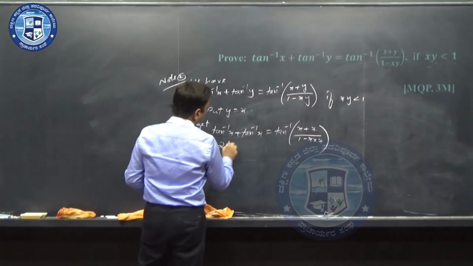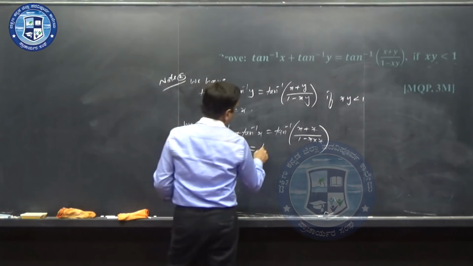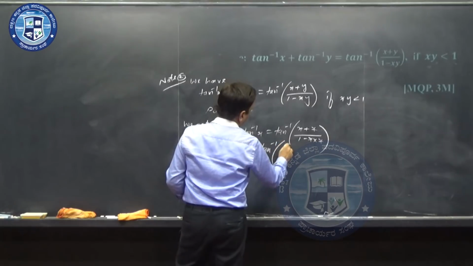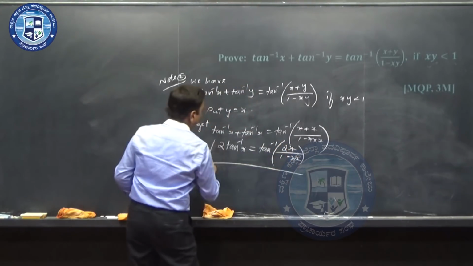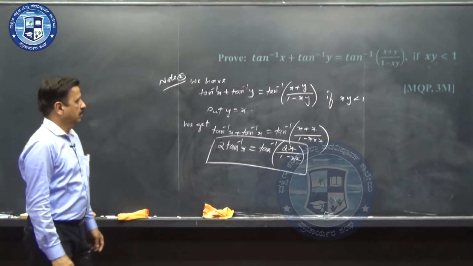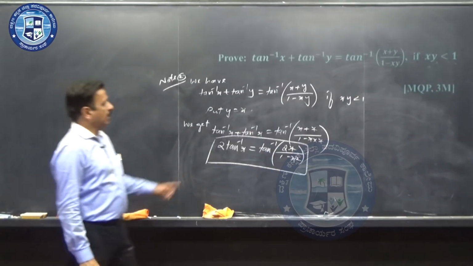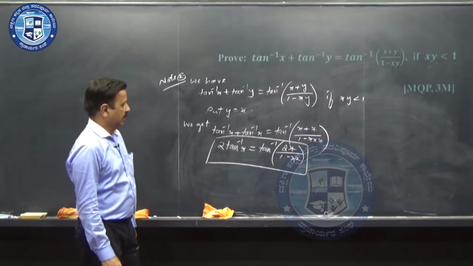That is 2 times tan inverse x equals tan inverse of 2x divided by 1 minus x square.